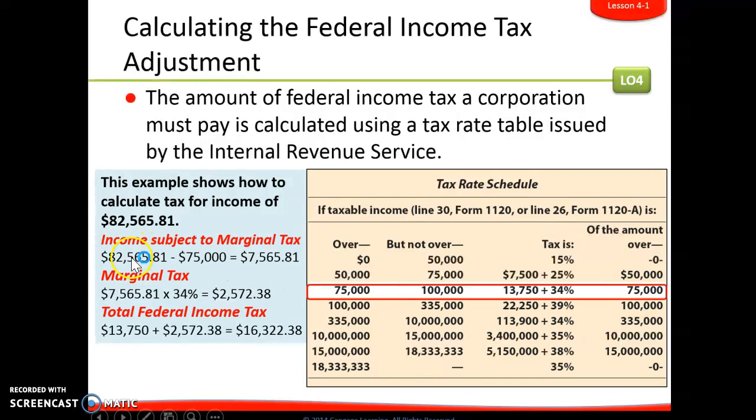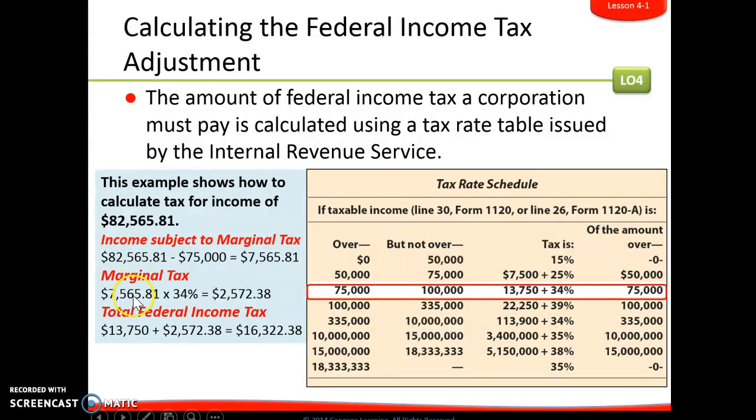So what they did here is they took that income, $82,565.81, minus that $75,000. So we see the income subject to the marginal tax is $7,565.81. Now that tax rate we said was 34%.